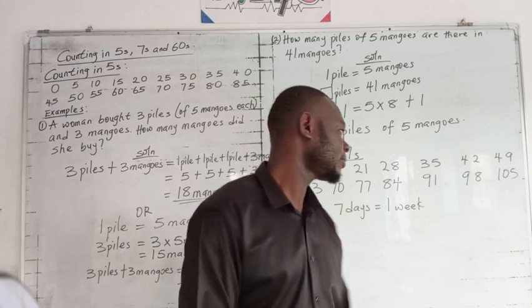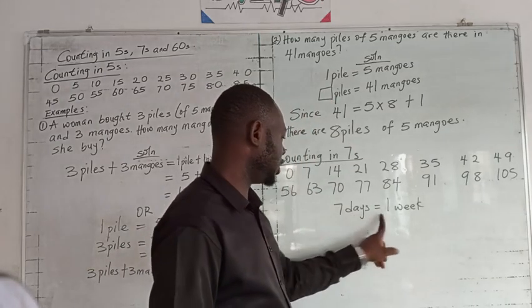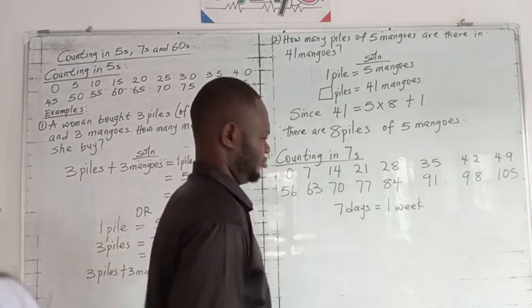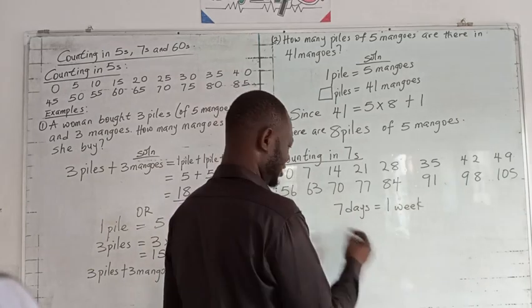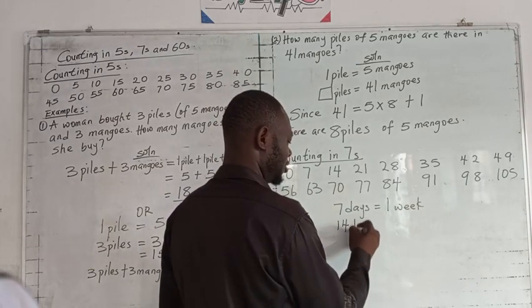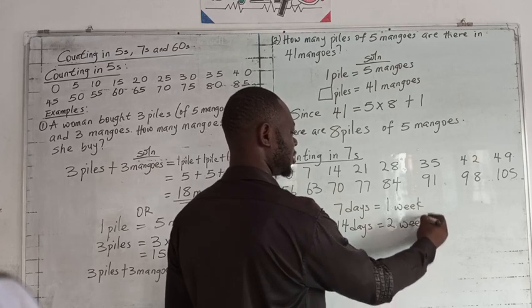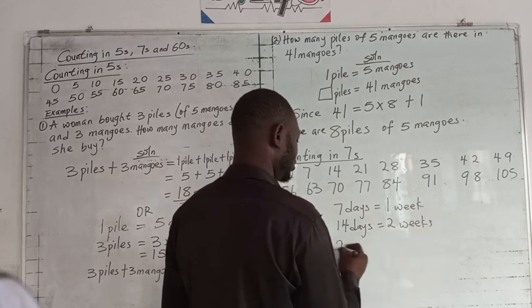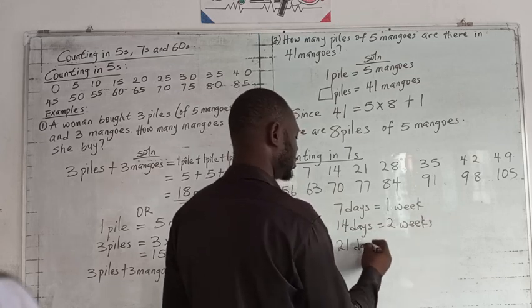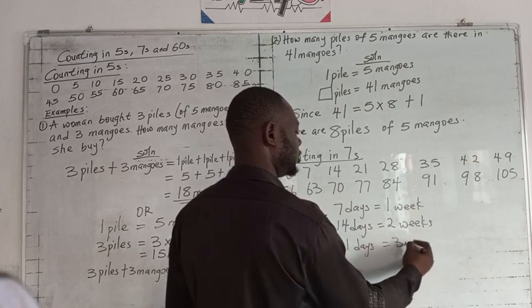Alright? So there are 7 days in 1 week. If there are 7 days in 1 week, it means that there are what? 14 days in 2 weeks. And there are 21 days in 3 weeks.